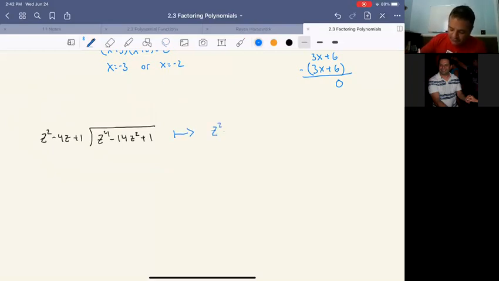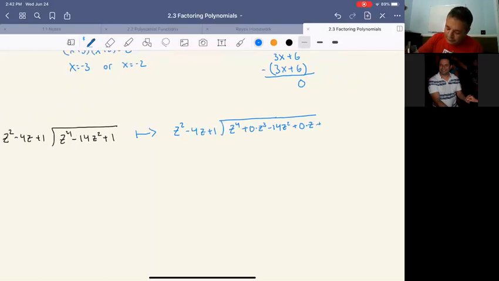Okay, so z squared minus 4z plus 1 has terms of every degree. But z to the 4th, we're going to add a 0 times z cubed. Then we got our minus 14z squared plus 0 times z plus 1.